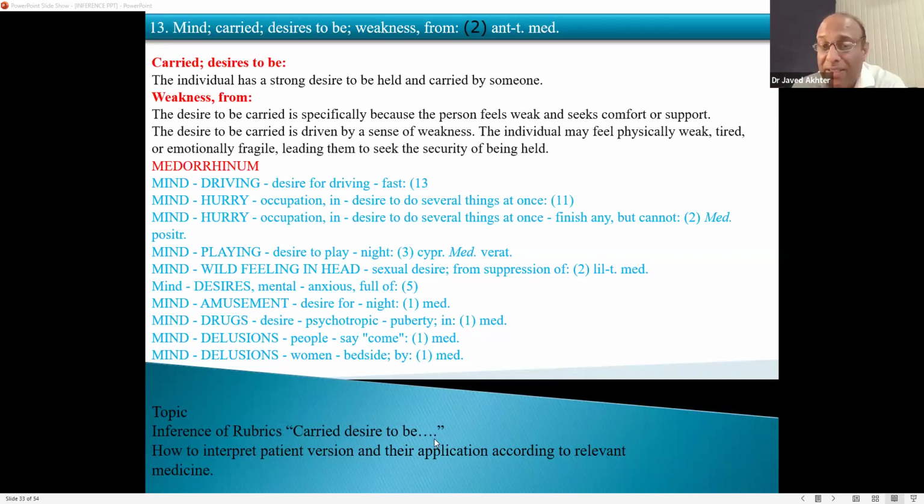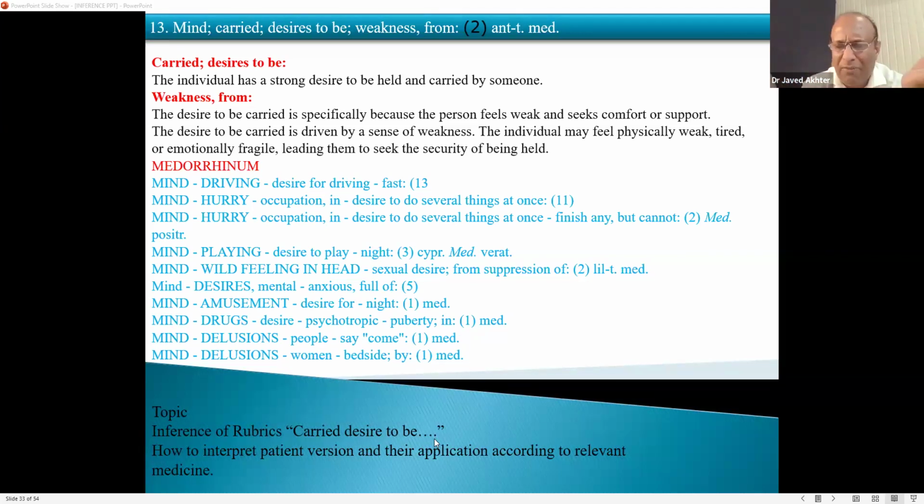Playing, desire to play at night. This is not over-playing, this is playful, something wrong kind of playful. Wild feeling in head, sexual desire from suppression of, anxious, full of, amusement desire for, night. Drugs. When Medorrhinum comes, this patient used to say, Doctor Sahab, for erection, for this and that, give me something better, I'm feeling weakness.